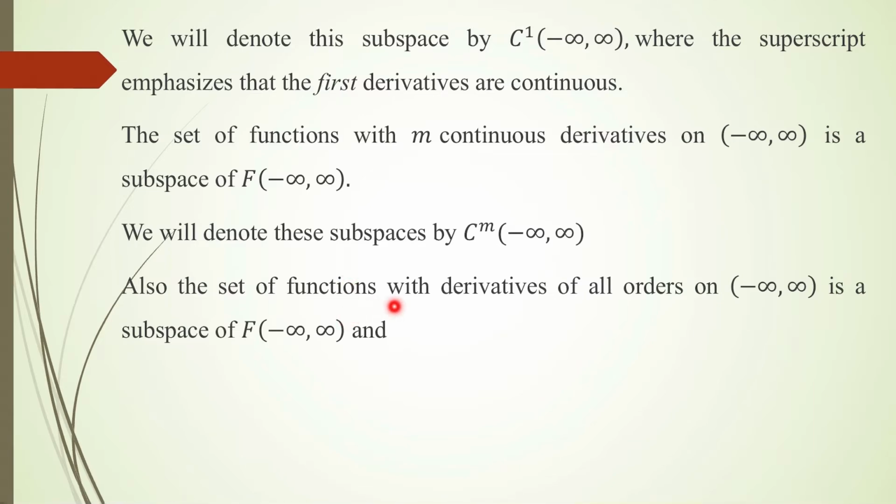Also, the set of all functions with derivatives of all orders on (-∞, ∞) is a subspace of F(-∞, ∞). Functions like e^x or sin x are all infinitely differentiable. If you differentiate e^x infinitely many times, you will get e^x itself, and sin x can be differentiated infinitely many times. The first derivative is cos x, next is minus sin x, then minus cos x, and we can continue this process infinitely many times.